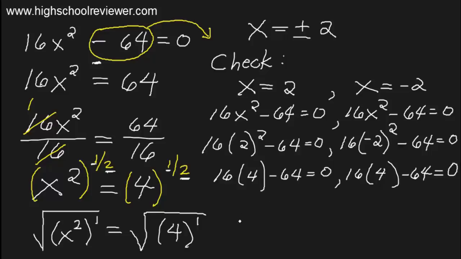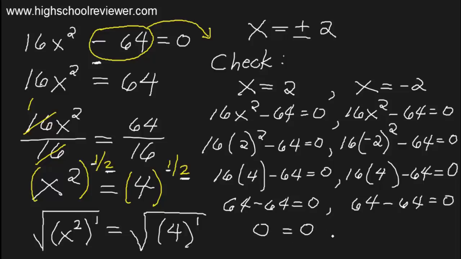So 16 times 4, that is 64, minus 64, this is equal to 0. So 16 times 4, still 64, minus 64 equals 0. So 0 equals 0. So therefore, our values for x, which are positive 2 and negative 2, are correct.